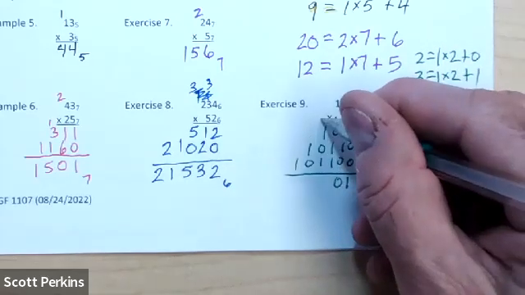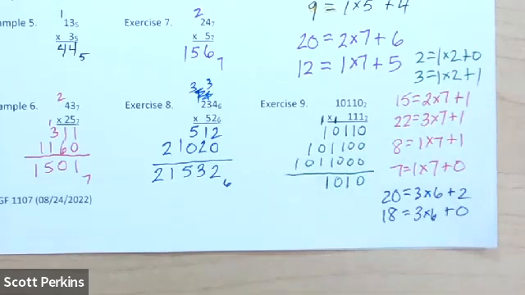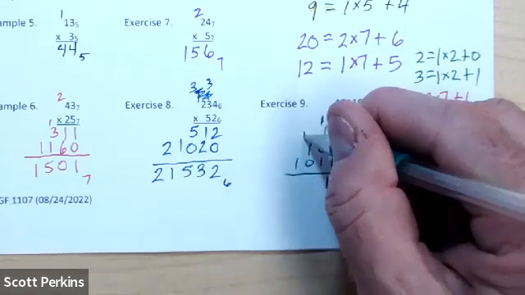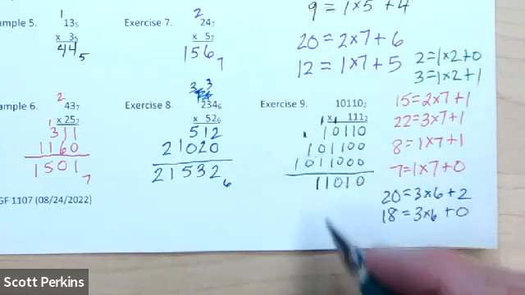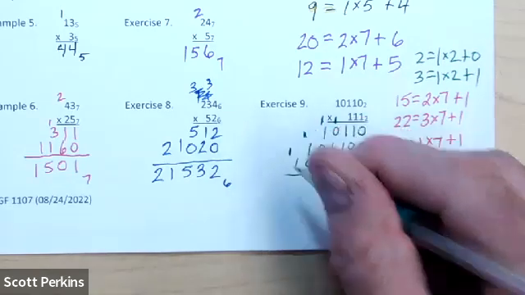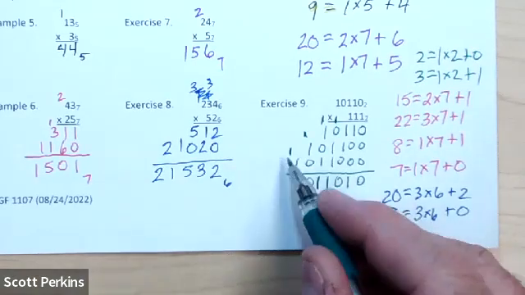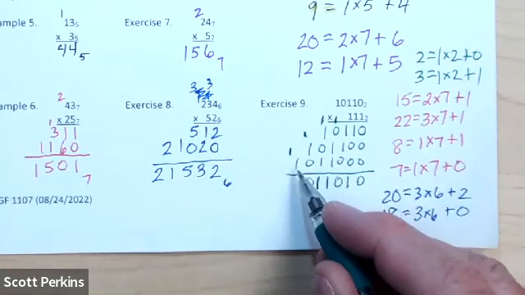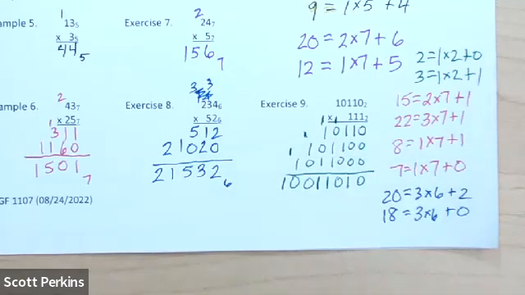So I'm going to carry the 1 full group of 2, and I have 1 left over. 1 plus 1 plus 1 again is 3. We just saw that's 1 full group of 2 and 1 left over. 1 plus 1 is 2. That's 1 full group of 2 and 0 left over. And last but not least, 1 plus 1 is 2. That's 1 full group of 2 and 0 left over. So we get 1, 0, 0, 1, 1, 0, 1, 0.